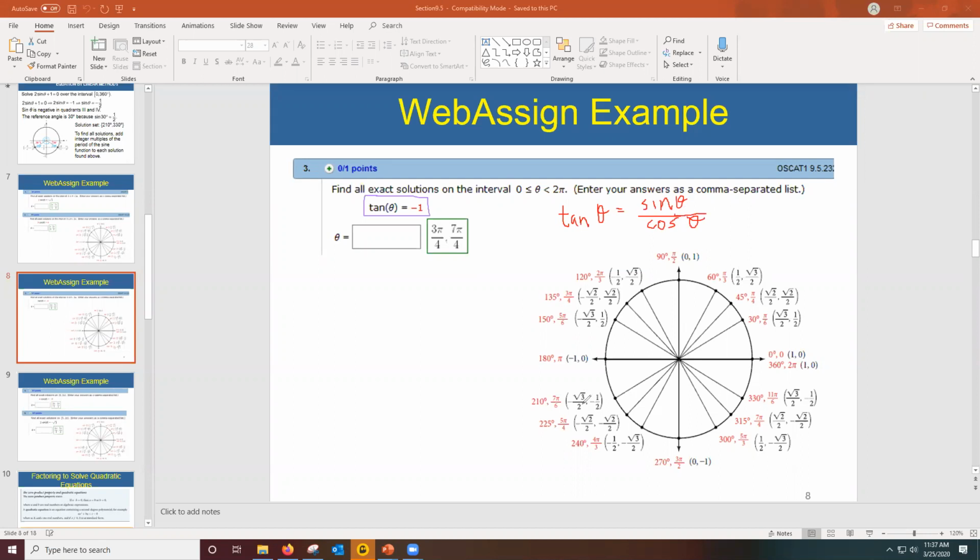So how about if I work this out for a couple of angles? Let's do it. How about if we want to find the tangent of 30 degrees? All right, well, the tangent of 30 is sine 30 over cosine 30.